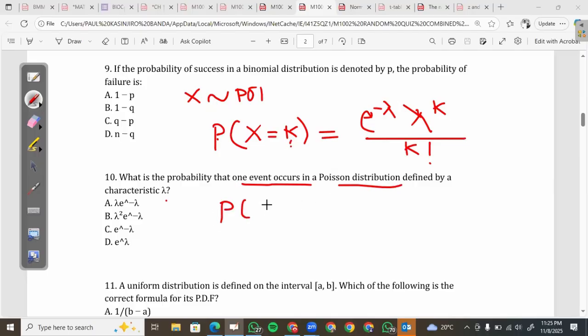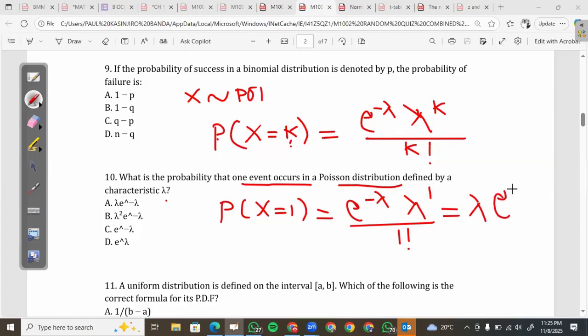So the probability that X equals 1 will be e to the power minus lambda, lambda to the power 1 over 1 factorial. So this will just be lambda times e to the power minus lambda. We're just looking for something like this in the options. We see it's option A, so we pick A as the best answer.